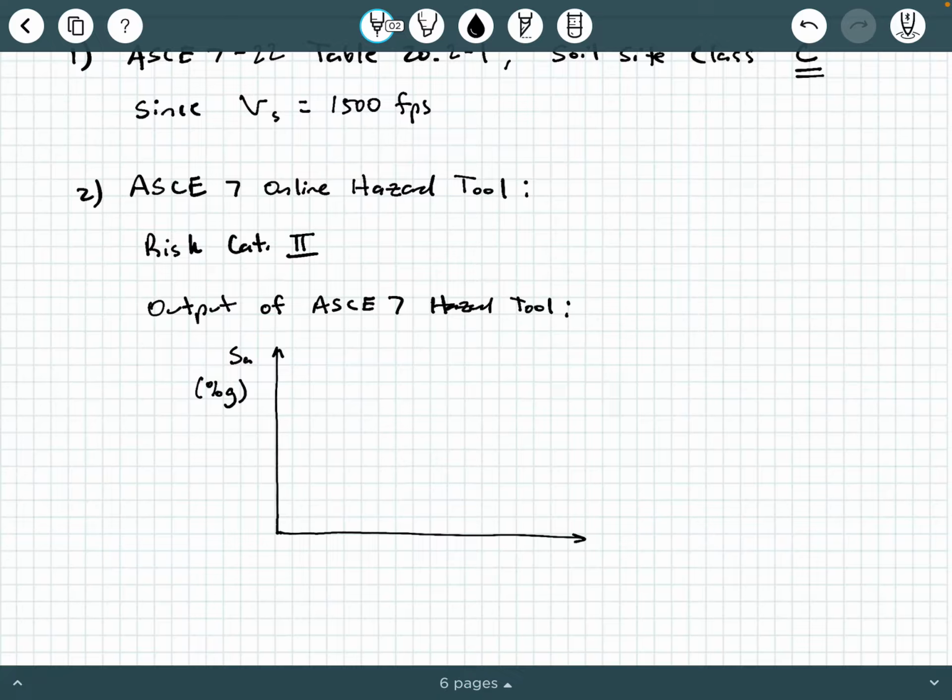And then you're going to have the period, which has units of seconds here. It's going to have some kind of plot that looks a lot like this, and this is called, again, the multi-period design response spectrum. So maybe pause the video and go to this online.